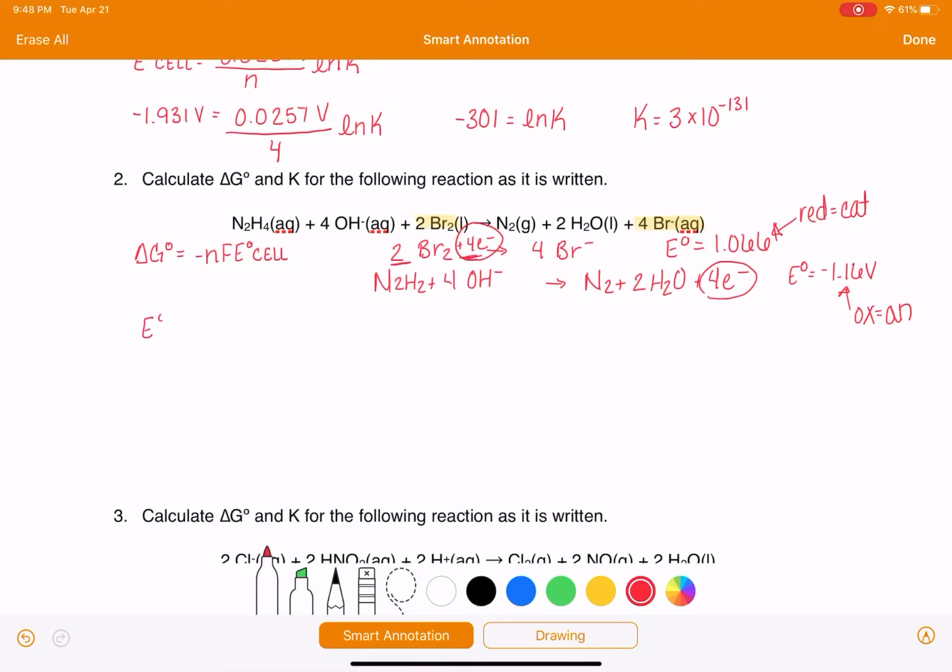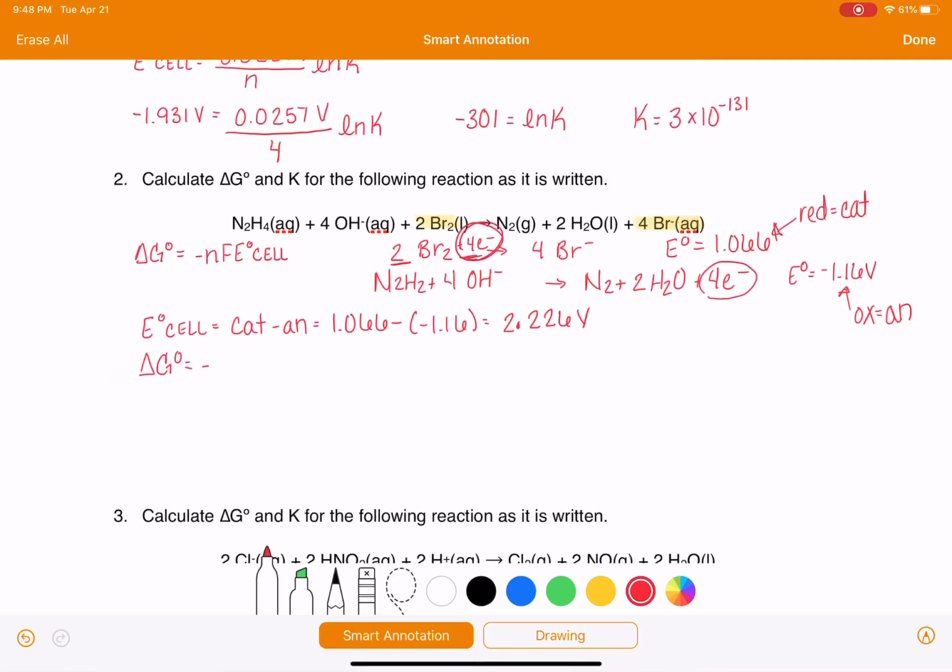So our E cell, which is cathode minus anode, is going to be 1.066 minus negative 1.16, which gives us a voltage of 2.226.